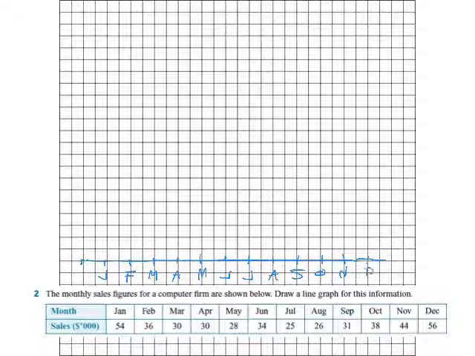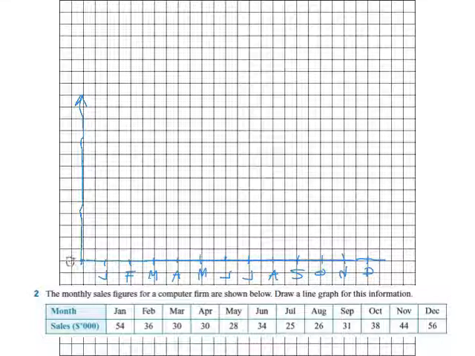December. Okay, now I need a vertical axis, and we need a maximum of 60. Let's draw this 10, 20, 30, 40, 50, 60, making sure that you draw this with a ruler.